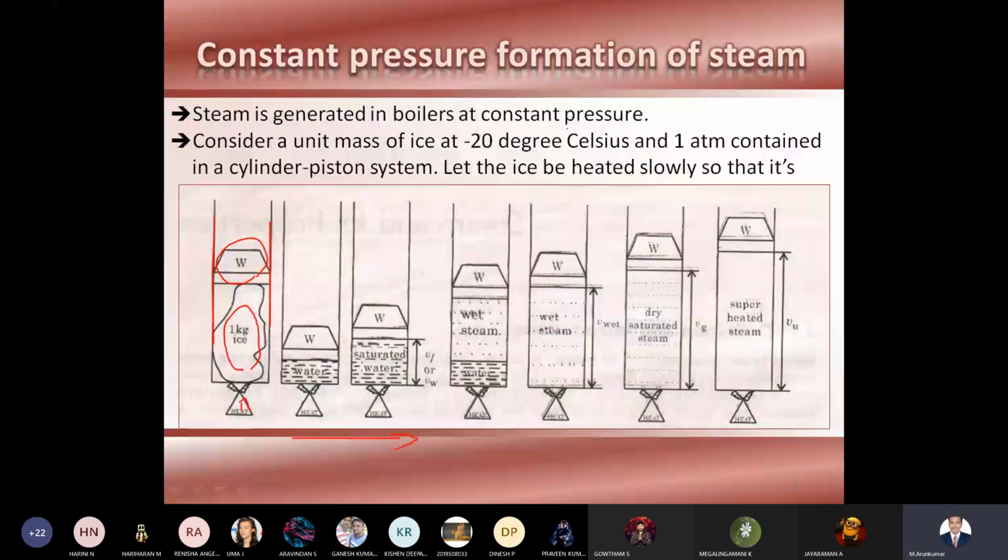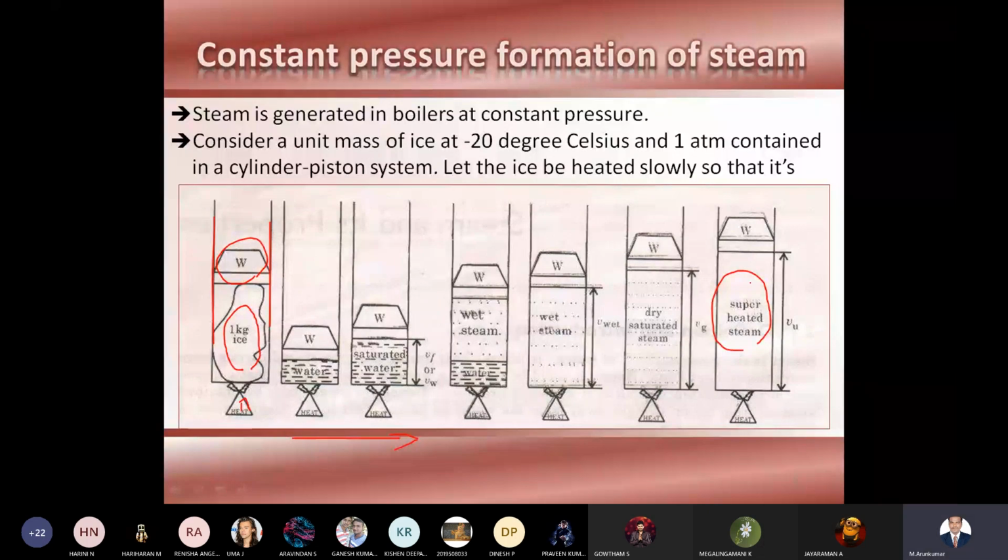The steam used in gas turbines and steam turbines is superheated steam. In some other cases we may use wet steam and dry saturated steam also. So depending on that, we have to know the properties of the steam. So this is the process of constant pressure formation of steam.